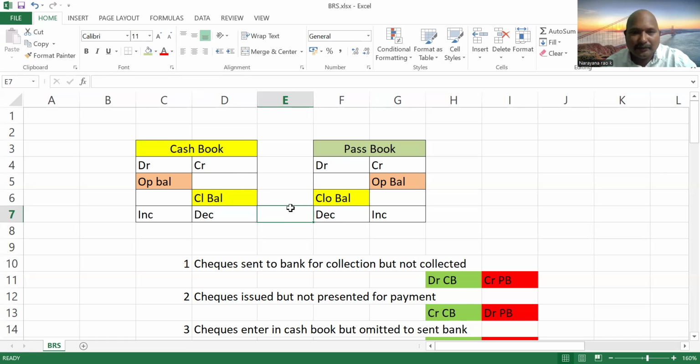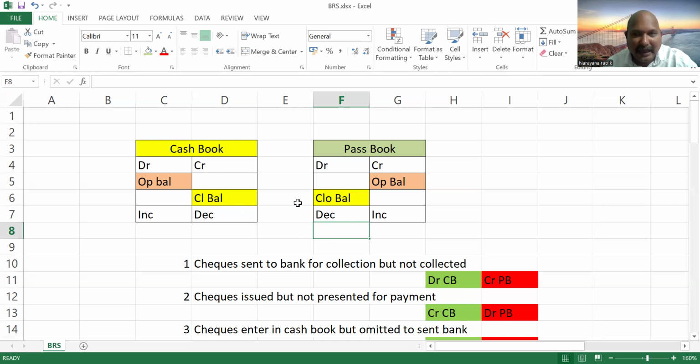Every month we want to check that the transactions recorded in the cash book and the transactions in the passbook are equal, and the balance as per cash book and passbook must also be equal. Then only we know all our transactions were recorded. But for some reasons, the cash book balance and passbook balance may not agree.